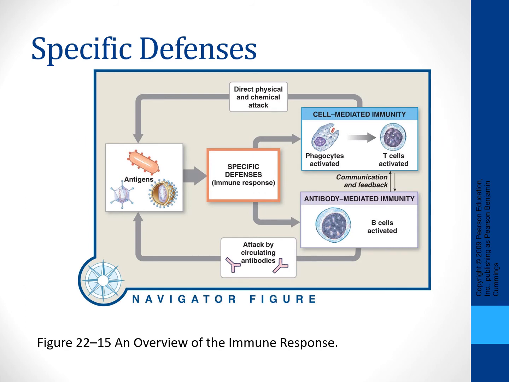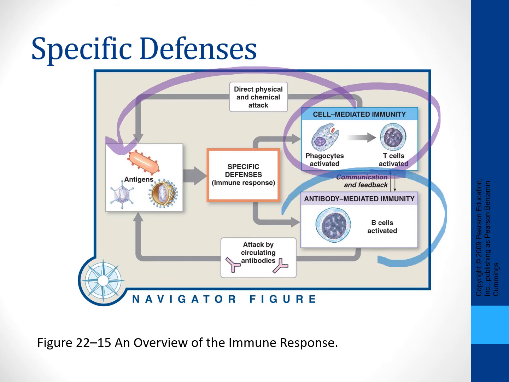So when we're talking about specific defenses, we have cell-mediated immunity, which uses T cells that are activated and phagocytes, and those are going to directly attack antigens. Or we have antibody-mediated immunity using B cells, which are going to create antibodies, and the antibodies are going to go and attack.